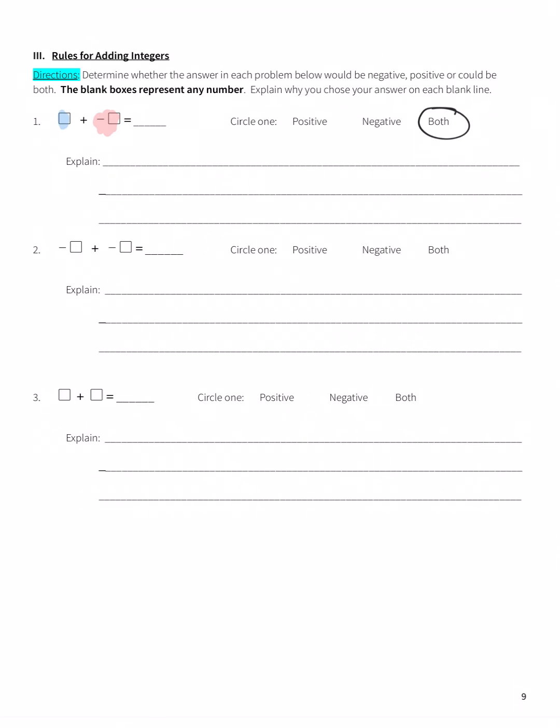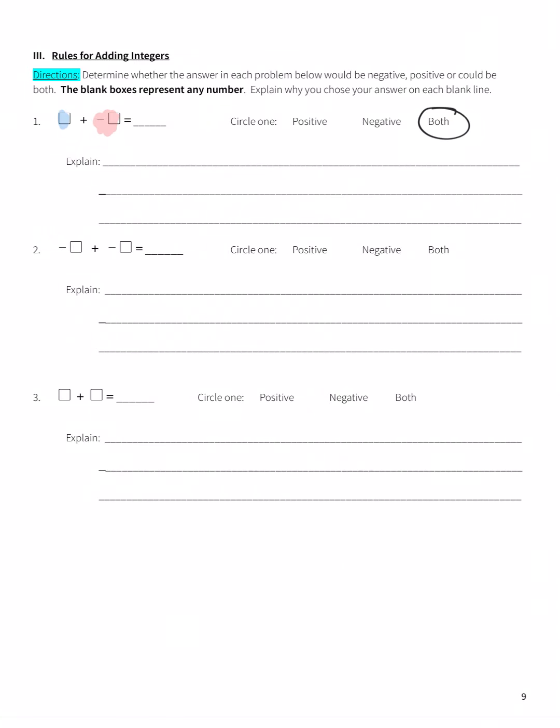So that means our answer is going to be positive, because there's more positives. But what if we did 9 plus -10? Well, there's one more negative, so my answer would be negative. So when we are adding a positive and a negative, or a negative and a positive, the answer can be both. And why is that?